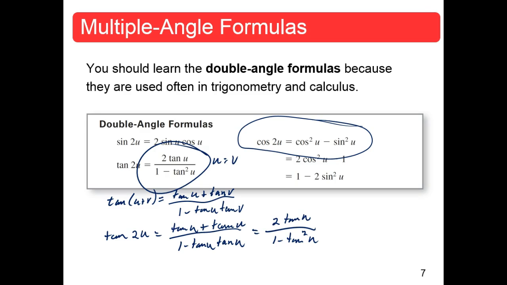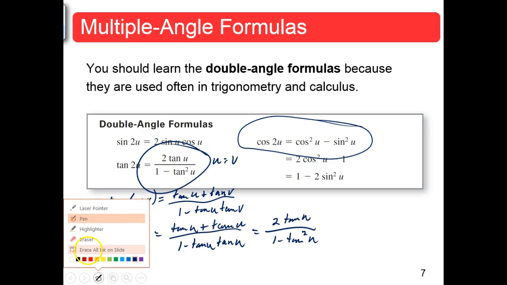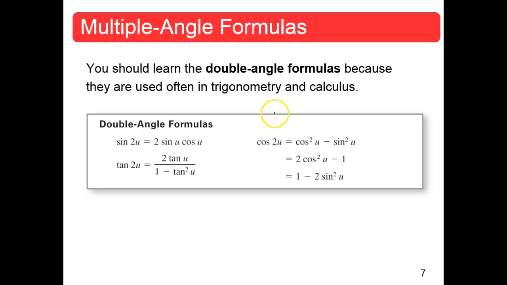So let's go back here and start with it. In fact, let's do it right here. Why not? I'm going to erase everything else on the screen. Is that okay? Okay. Now I'm going to write my Pythagorean identity first. I'll do it down here. But I'm going to do it a little backward, but it's okay. Cosine squared u plus sine squared u.